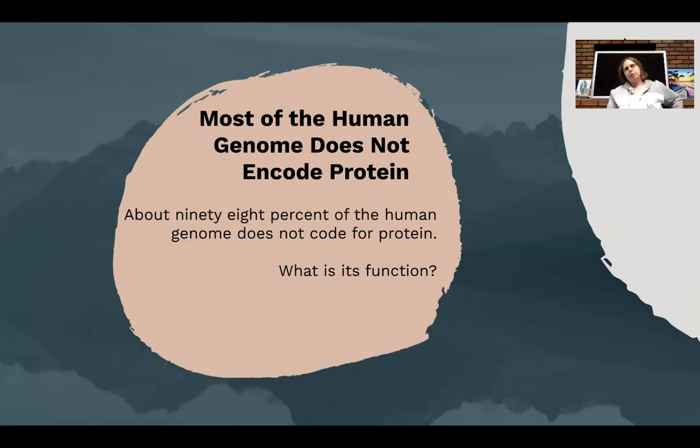Only 1.5 to 2% of your actual DNA codes for protein. So that leads to the question of, well, what are the other functions? Now, again, I know we've talked about this in the previous chapter, but we're going to review it a bit more. I'm also going to add some new stuff to it.